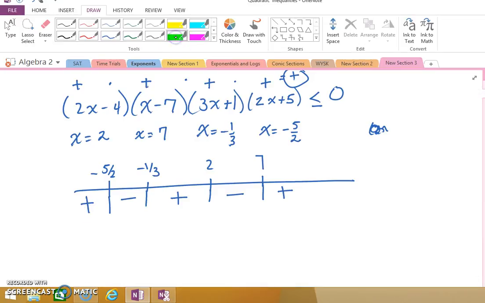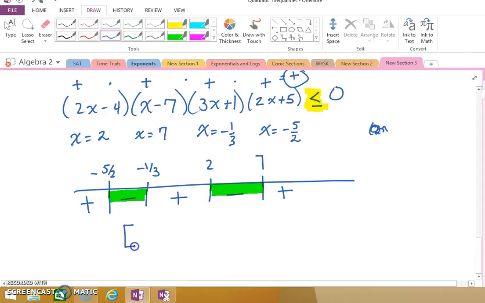Now I want values that are less than or equal to 0. So I want this section right here, and I want this section right here. My answer then is going to be bracket, negative 5 over 2, negative 1/3, bracket, union, bracket 2, 7.